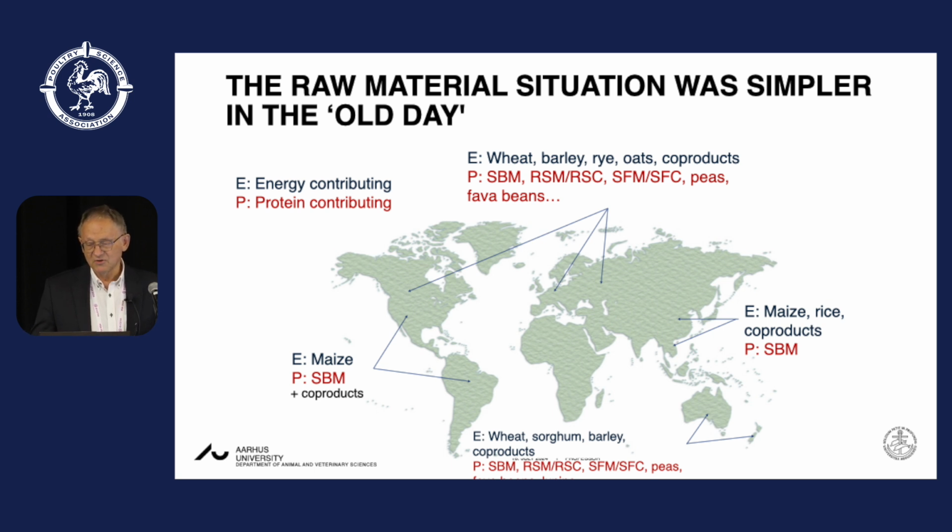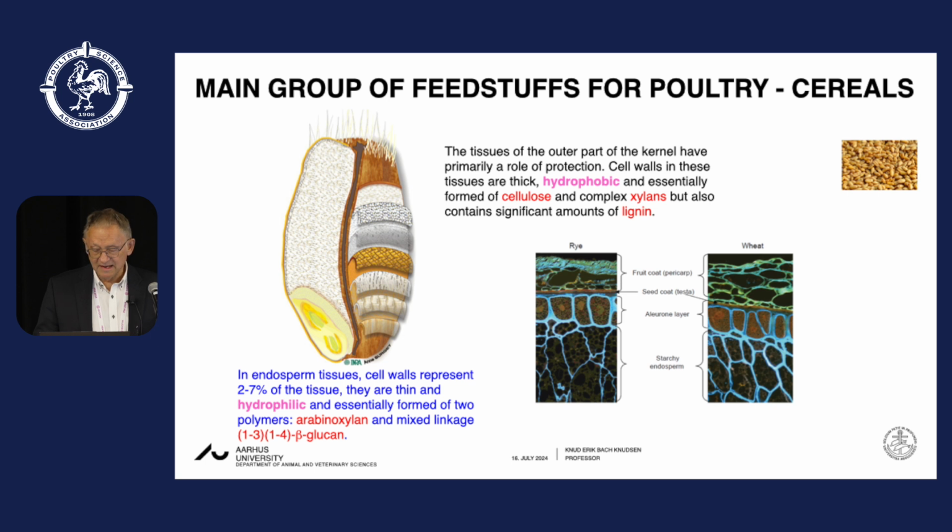And then in addition, if you go a little bit more across the world, you'll see that you have a lot of other raw materials available, and that is what you see in Europe: wheat, barley, rye, oats, co-products, soybean meals, not only soybean meal, but rapeseed meal, cakes, sunflowers, and so on. Asia is a little bit more like you see in the US, and then when you come to Australia and also New Zealand, it's somewhat more like other kinds of raw materials. And they naturally have an impact.